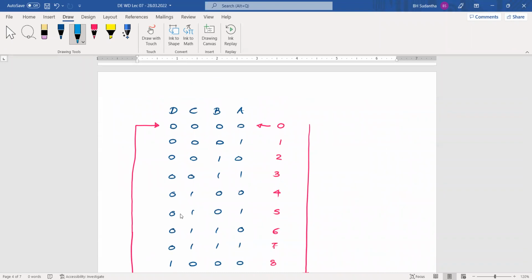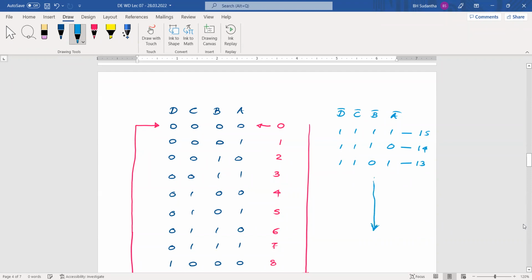If DCBA is this, shall we write D bar, C bar, B bar, A bar? Then this should be 1, 1, 1, 1 and 1, 1, 1, 0. And this is 1, 1, 0, 1. What is this? This is 15. This is 14. This is 13. It goes like this.